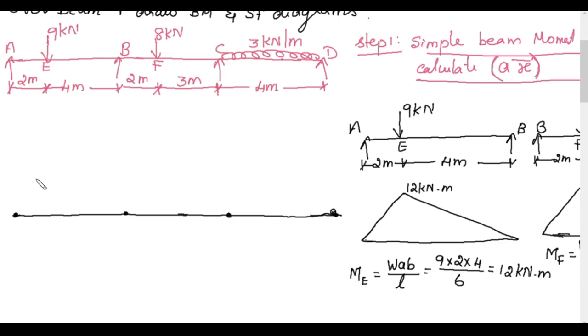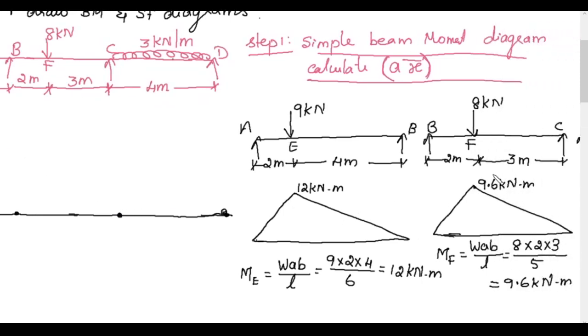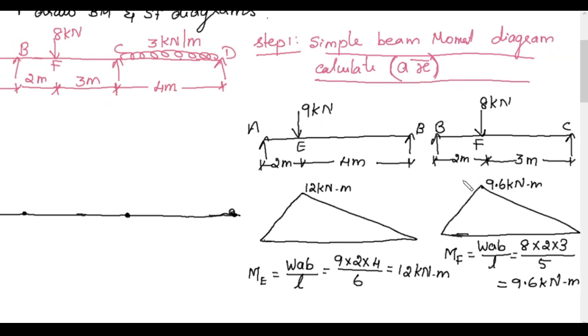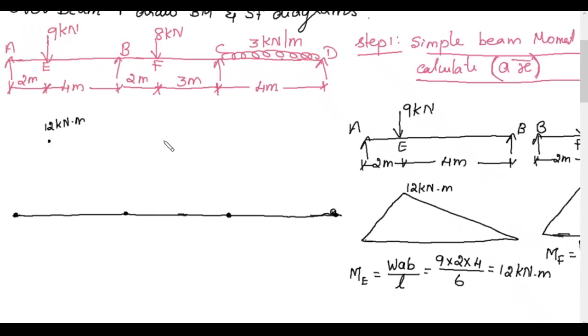Now here at E we have 12 kilonewton meter. At F we have 9.6 kilonewton meter. So it lies below 12, somewhere down of 12.